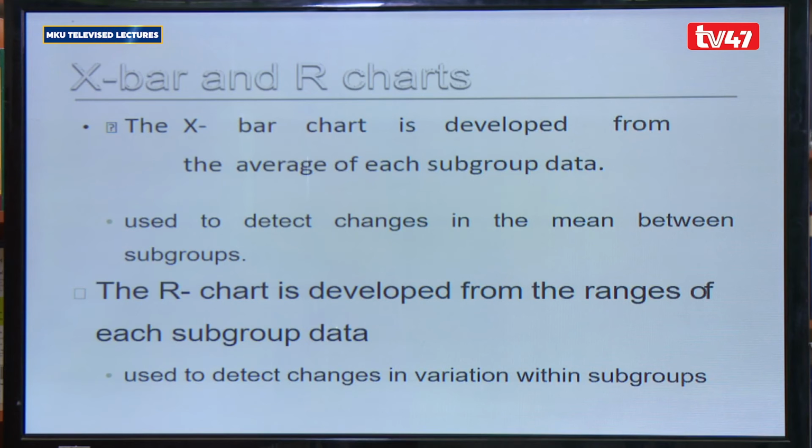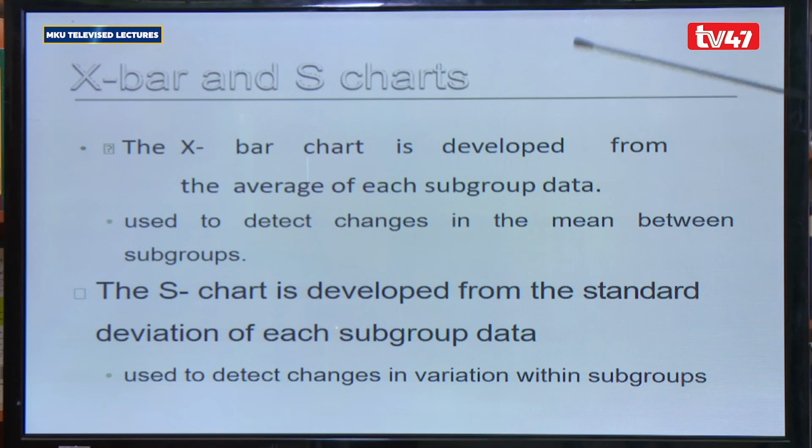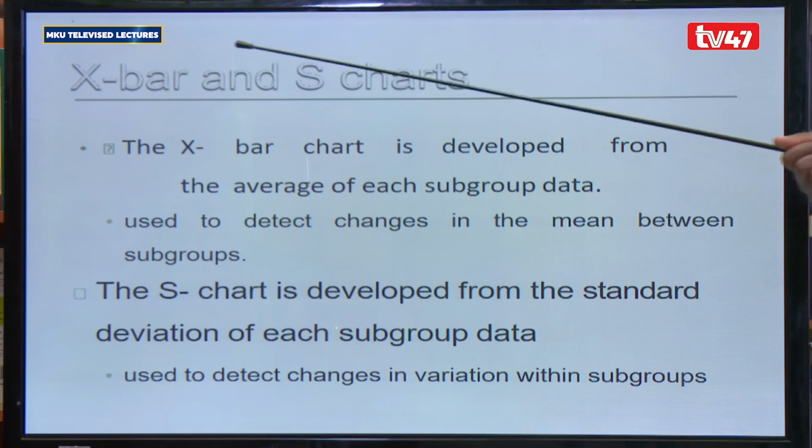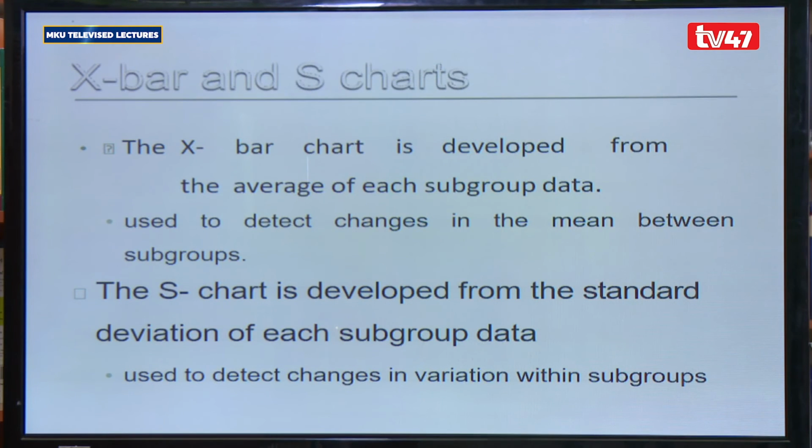So the R chart is developed from the range of each subgroup, as we had discussed, and for the X-bar chart we plot the averages of the mean. Then we can also have a combination of X-bar and S chart. So here we are dealing with the mean and the S chart, the standard deviation.